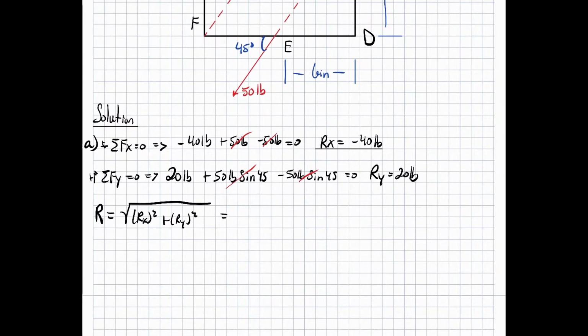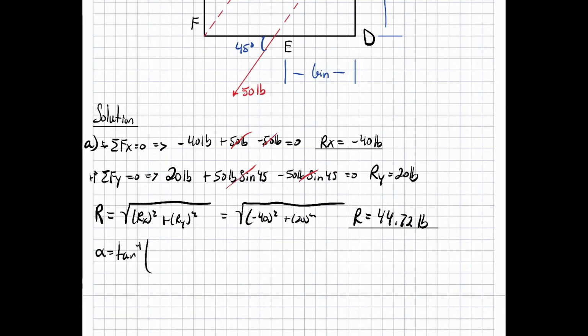Okay, so going back, we take negative 40 squared plus 20 squared. Our resultant force is going to be 44.72 pounds. Okay, we also need to find the angle that it's going to be going at. So I'm going to find it as alpha is equal to inverse tangent of Ry over Rx.